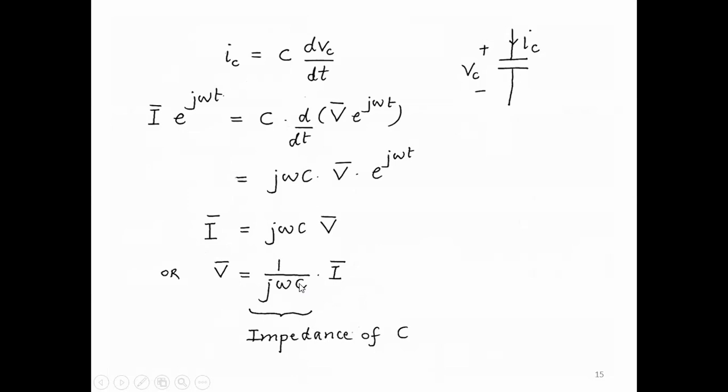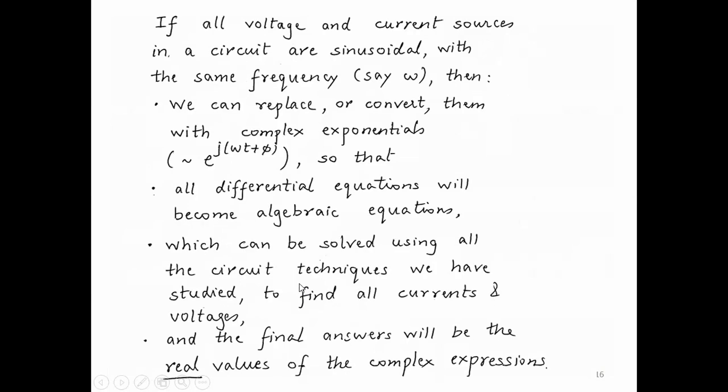Okay, with all this, now we state the process. So we say if all voltage and current sources in a circuit are sinusoidal with the same frequency omega. So we have a circuit where all independent voltage and current sources are sinusoidal of the same frequency omega.